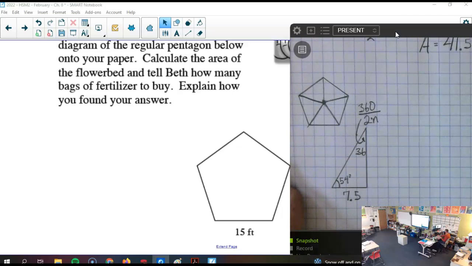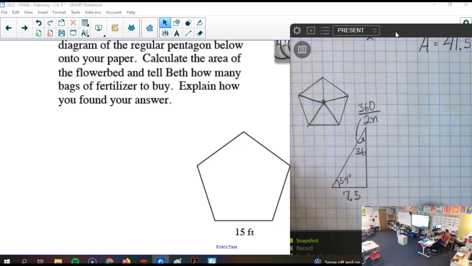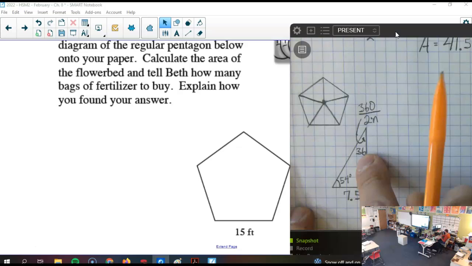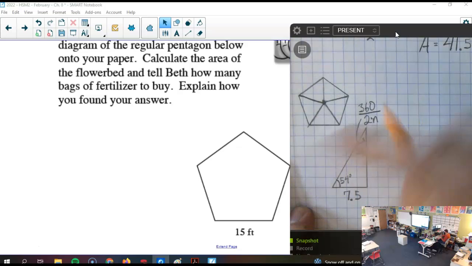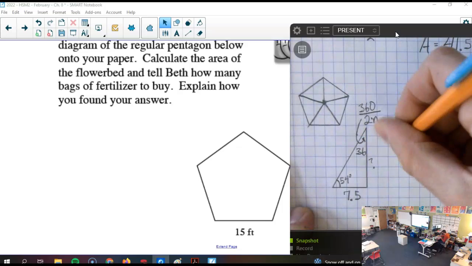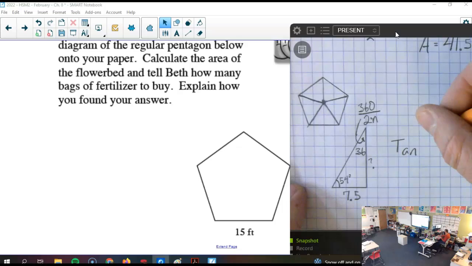What if we just try to make a rule for when we have the edge length? Would that help? So with edge length, and we know the 36, what function am I going to use to figure out the height here? Tangent. So do more.